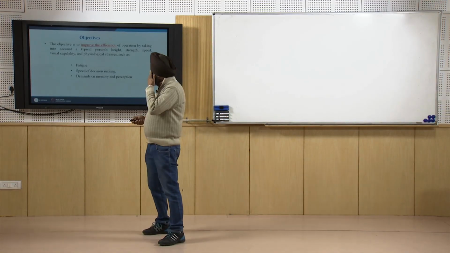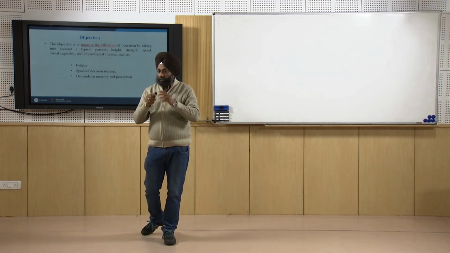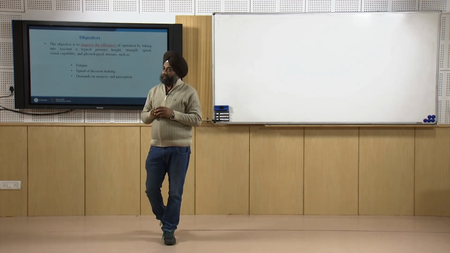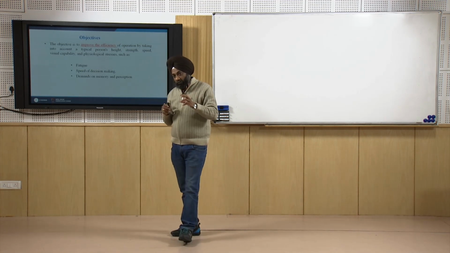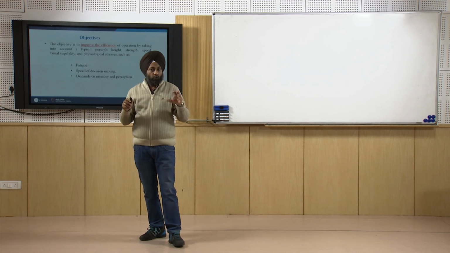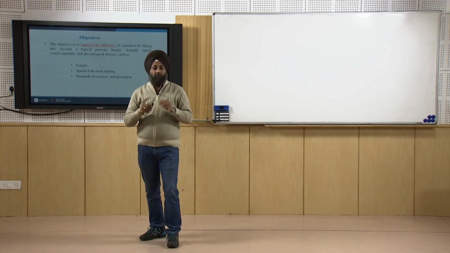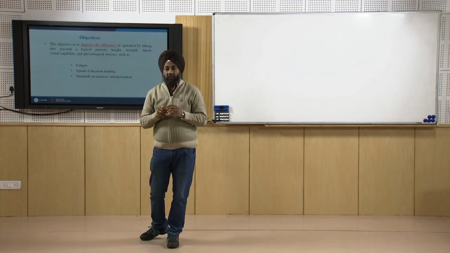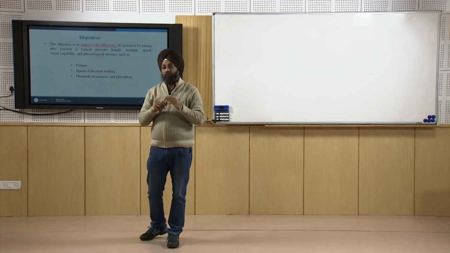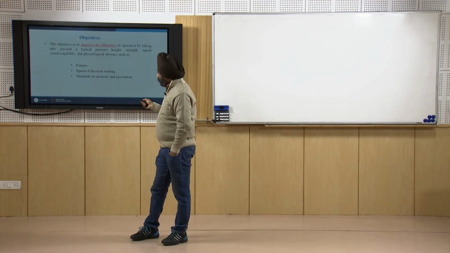So the point is that our objective is to improve the efficiency and effectiveness with which the person is performing his task. That is possible if we provide him with a system, equipment or space in such a way that he is able to perform his duties up to the satisfaction of his seniors or of the management. This is the overall objective.